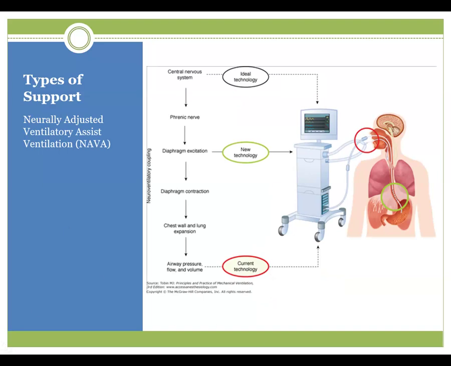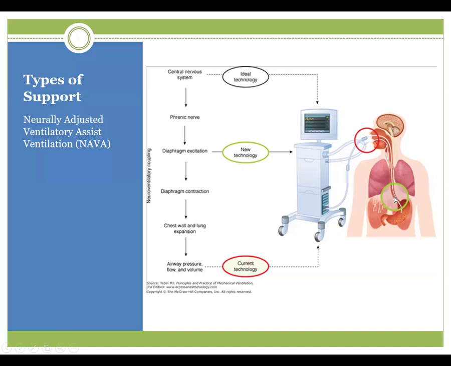One really cool thing that the Servo-I and the Servo-U do, and other ventilators are coming out with the capability, is called NAVA, or Neurally Adjusted Ventilatory Assist. What this is: an orogastric tube with electrical sensors on it is inserted. And these electrical sensors basically sit at the level of the diaphragm. If you see this here, these are little electrical detection devices.